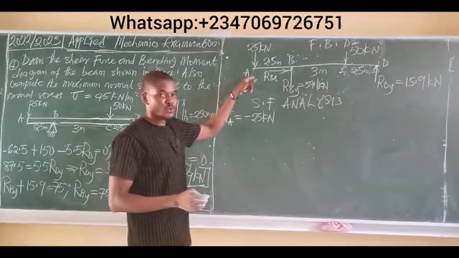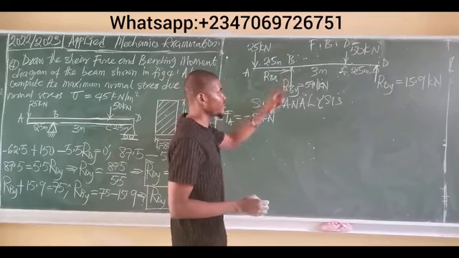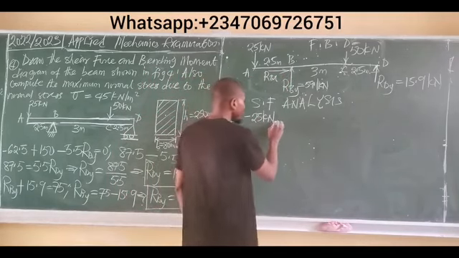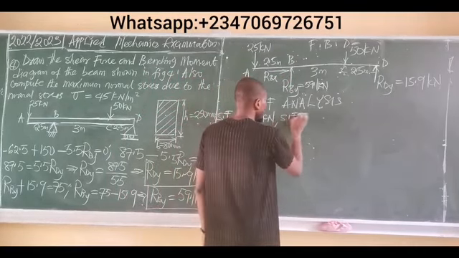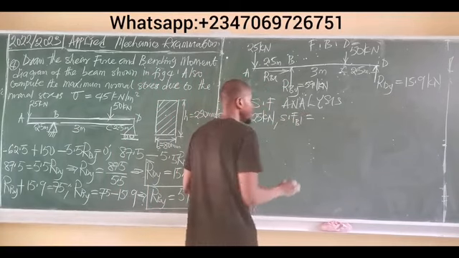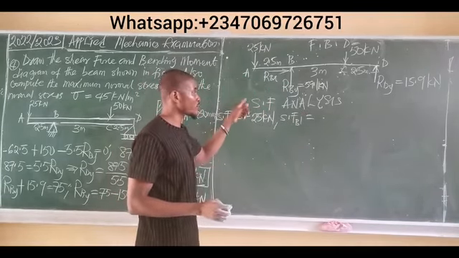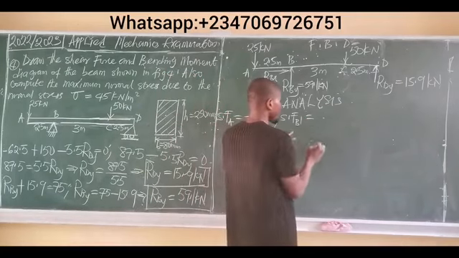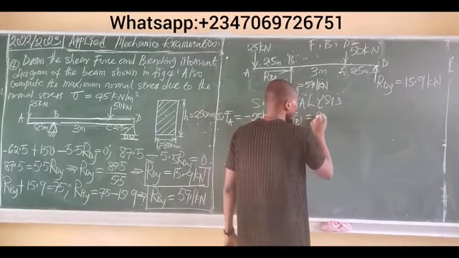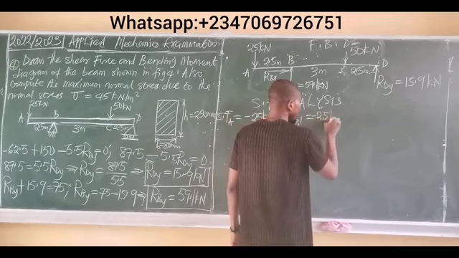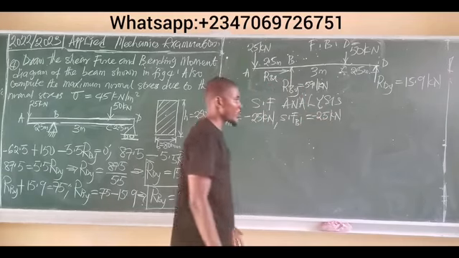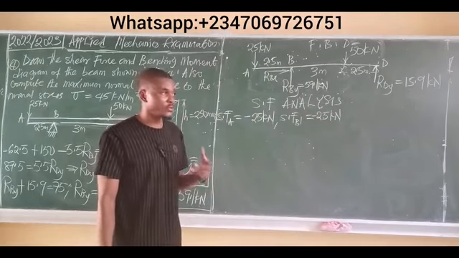Now, this force moves from point A down to point B initially. So we simply call that shear force B prime, which means initially this same force, minus 25 kilonewtons, moves from point A down to point B. So shear force B prime is also minus 25 kilonewtons.